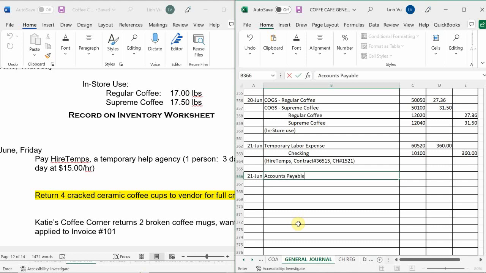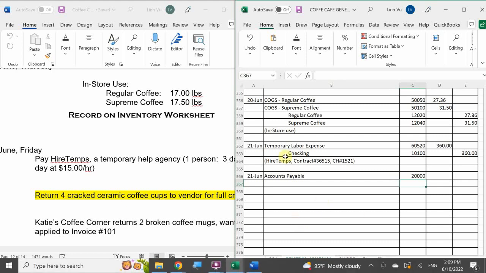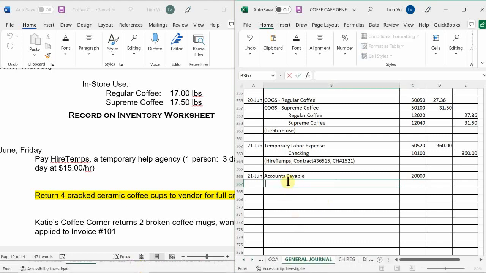Okay, so in this case, you said accounts payable because we haven't paid the vendor yet for the ceramic coffee mugs. Okay. Now, if I remember right, we bought the first set for $245 and the second set for $246.